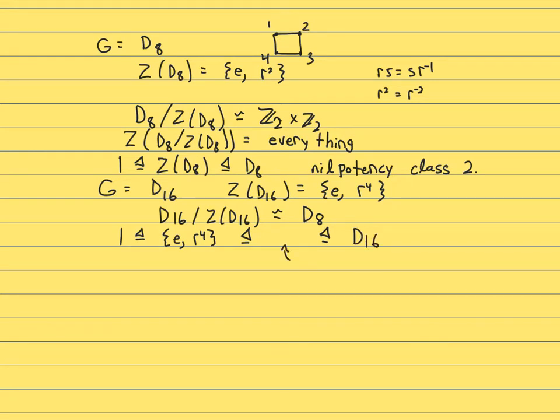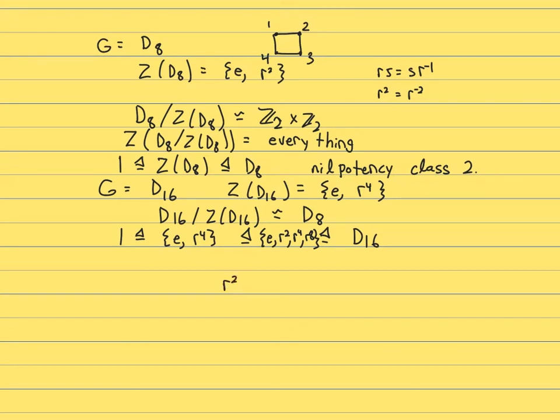What goes here? Well, in the quotient it is R squared, so it should be that one. And so now we see exactly the feature I was talking about.